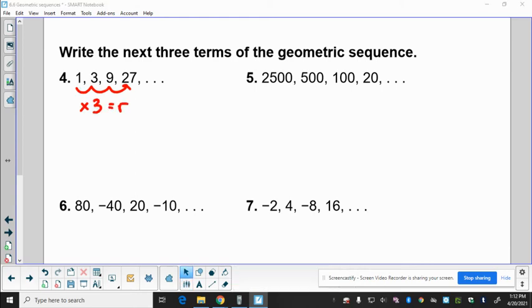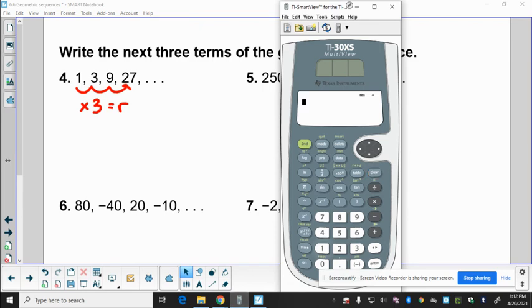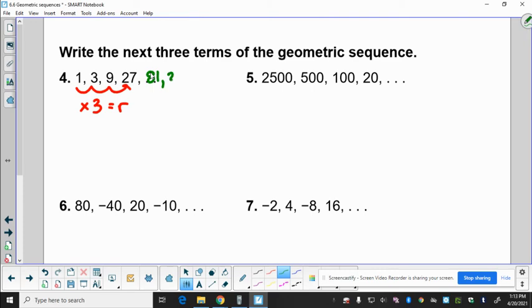So if I go to my calculator and I put a 1 in there and start multiplying by 3, if I get those numbers, I know I'm on the right track. I just need to get 3 more. 81, 243, and 729.